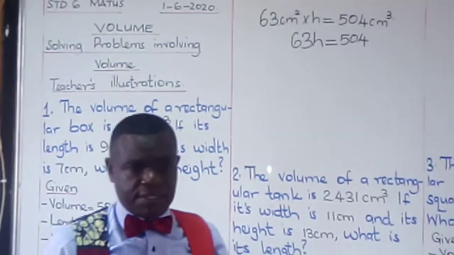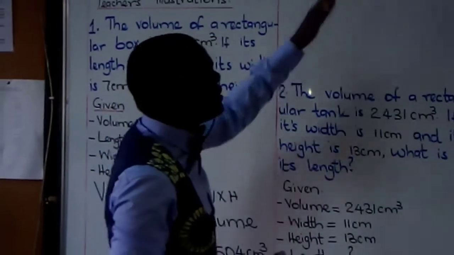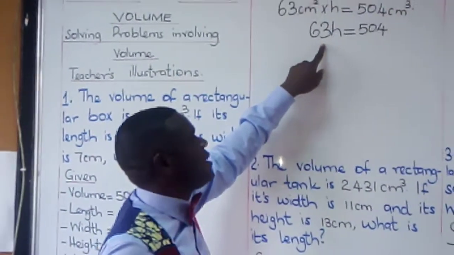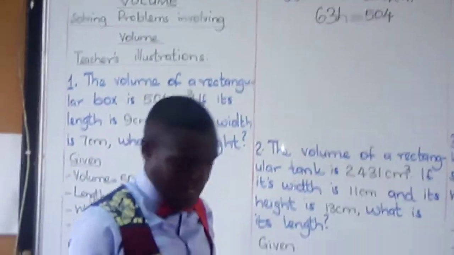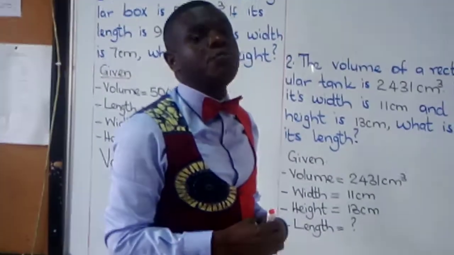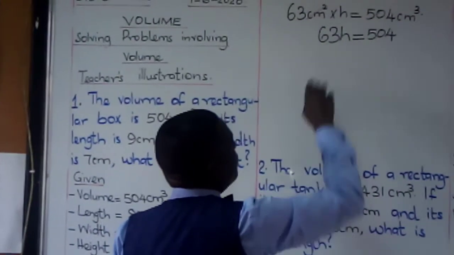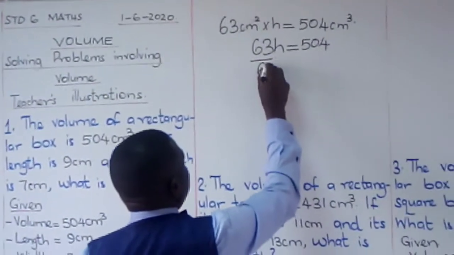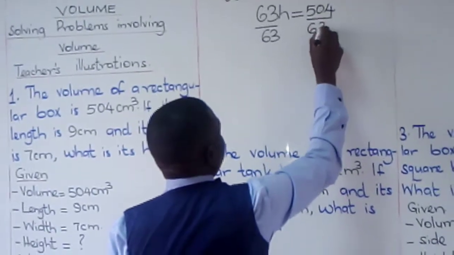We want to be left with h on this side. H is related to 63 by multiplication. And so to remove 63, we must divide both sides by 63. This side by 63 and that side by 63.